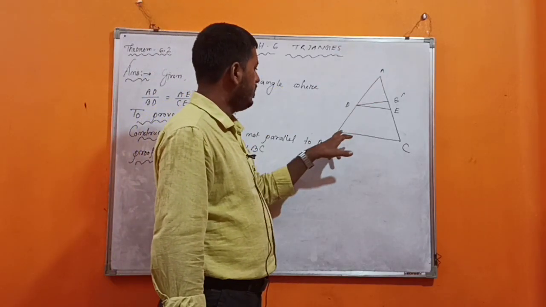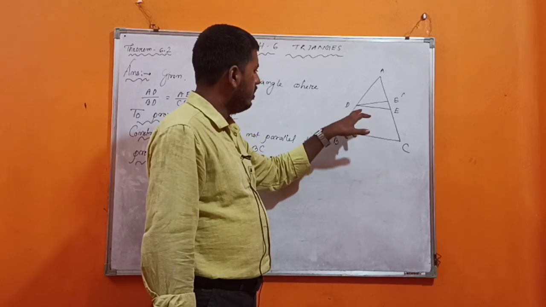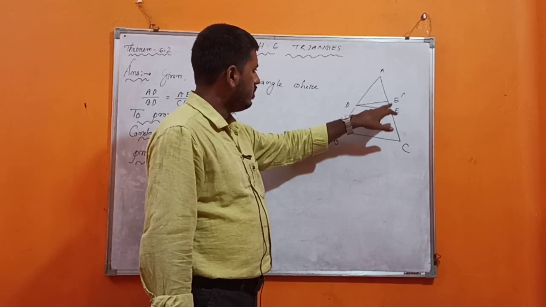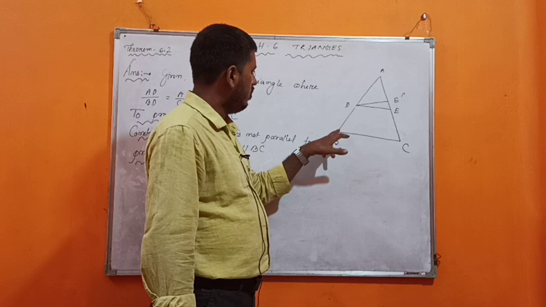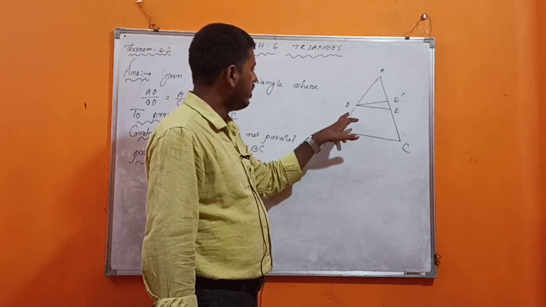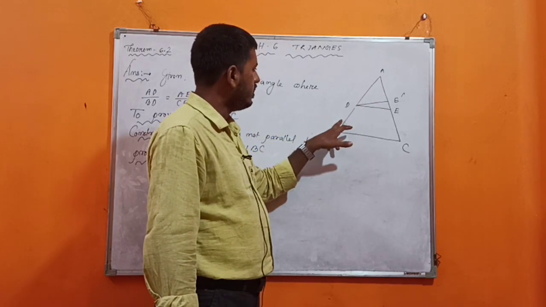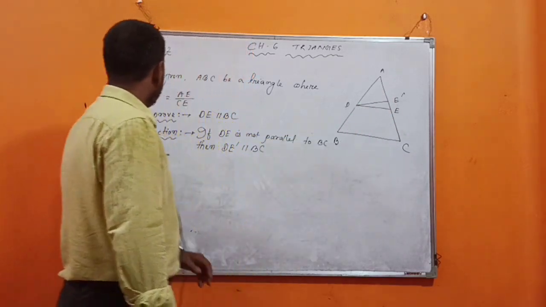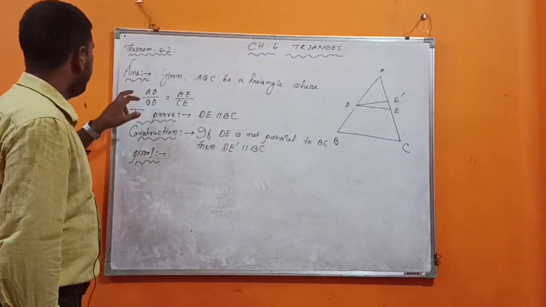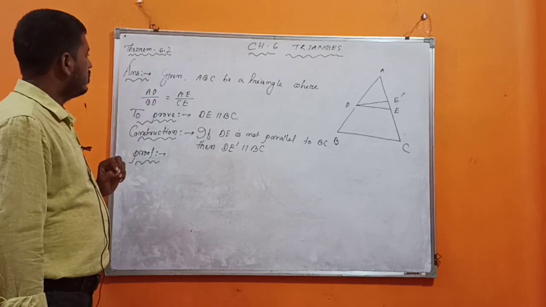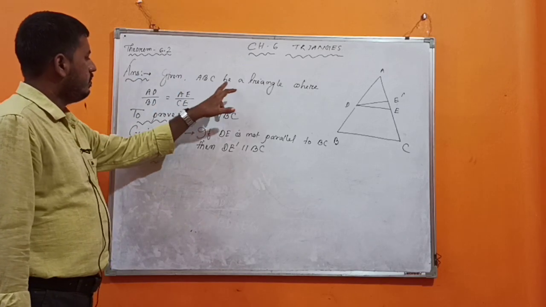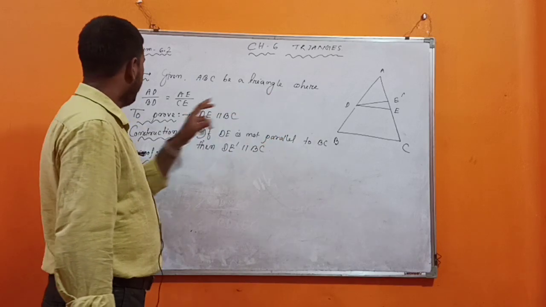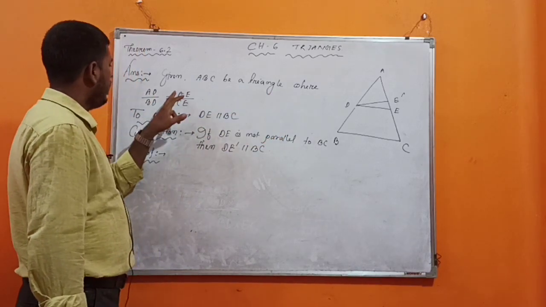In triangle ABC, I have considered DE is a line which divides the sides, that is AD by BD equal to what? AE by CE. Okay, so I have written from the theorem that given ABC be a triangle where AD by BD equal to AE by CE.